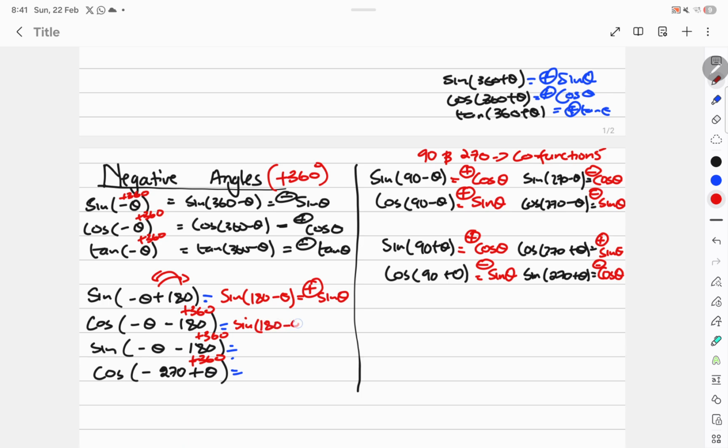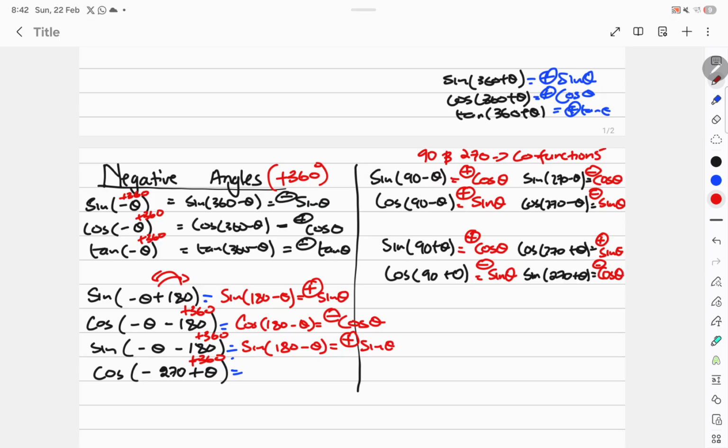This will be 180 minus this. Oh, sorry, the question is cos. So this will be the cos of 180 minus theta. Second quadrant and cos is negative. Go to the third one, you add 360, this will be the sine of 180 minus theta. Second quadrant and sine is positive. That will be your answer.